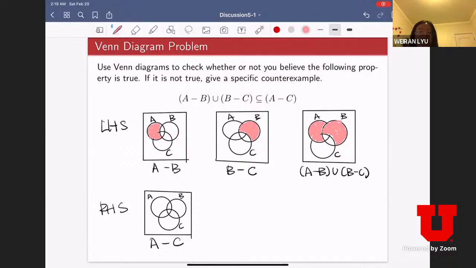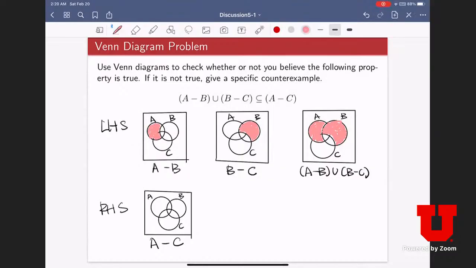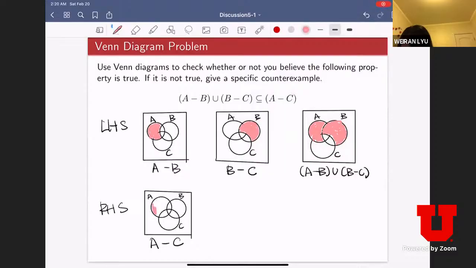Everybody agree on this part? Yeah. Cool. And A subtract C, the right-hand side, should be similar to A subtract B and B subtract C. We just exclude the part where it intersects with C.